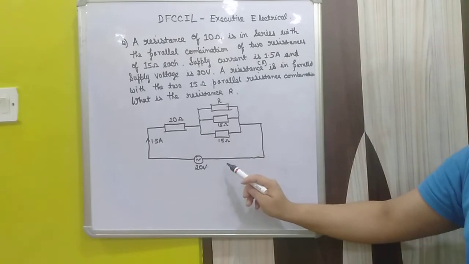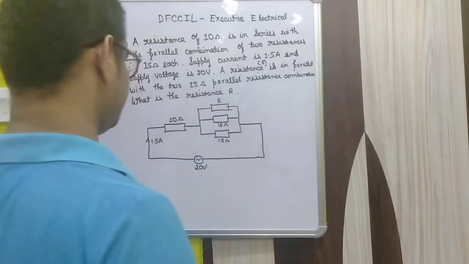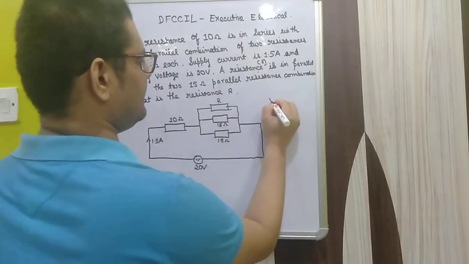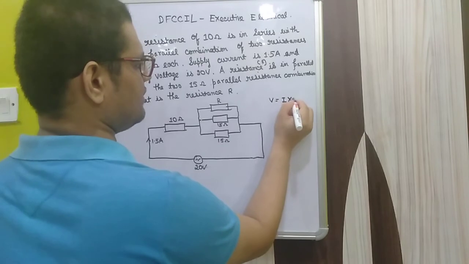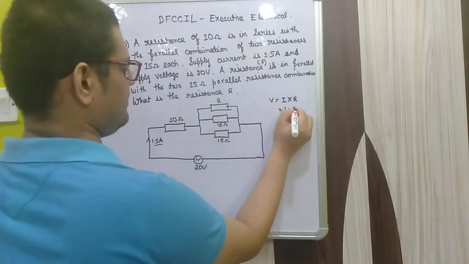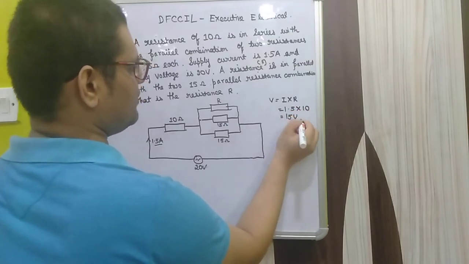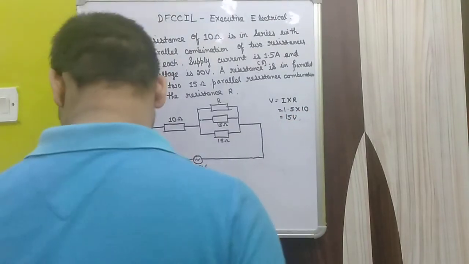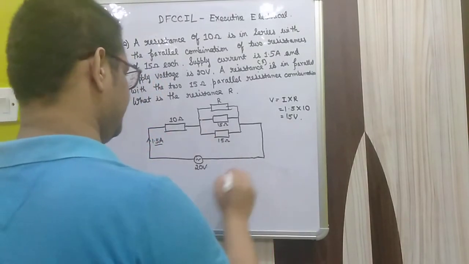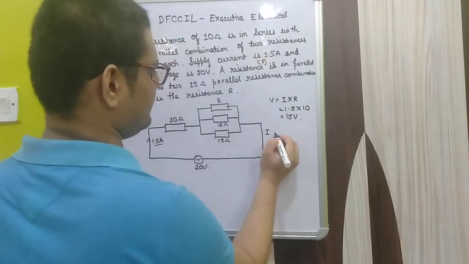So now we'll proceed with the numericals to solve this. We know that V is equal to IR. So we take this voltage, V is equal to I into R. So 1.5 ampere into 10 ohm resistance, that is 15 volt. Now we calculate this I3, the other current over here.